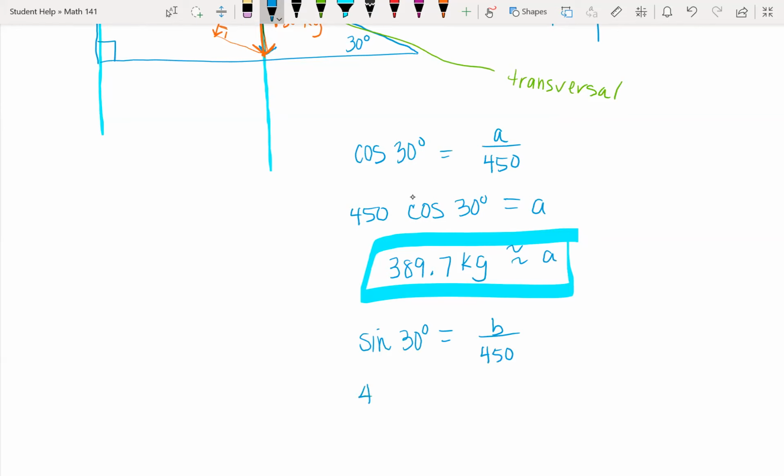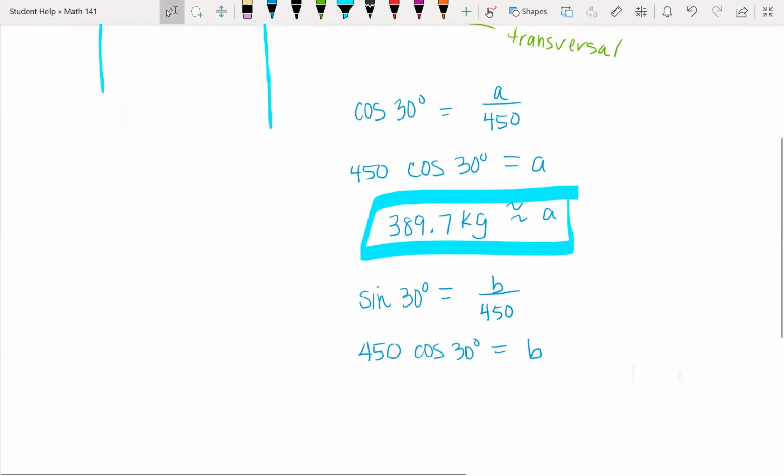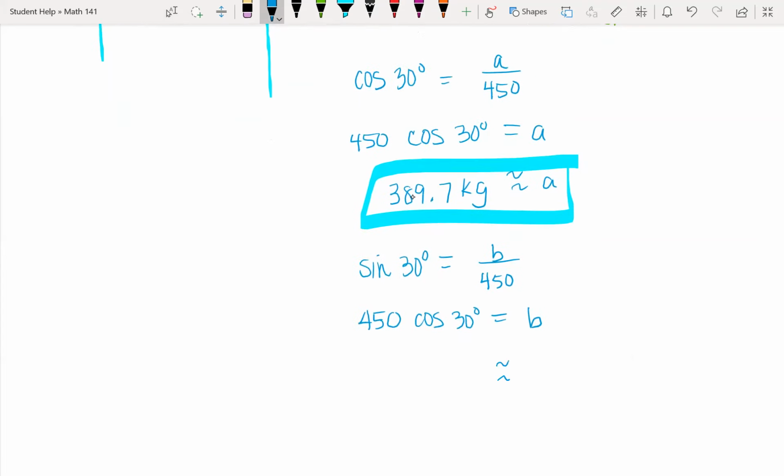So 450 times the sine of 30 degrees is equal to B. And so B is approximately 225 kilograms.